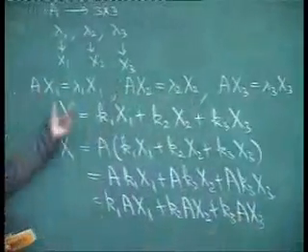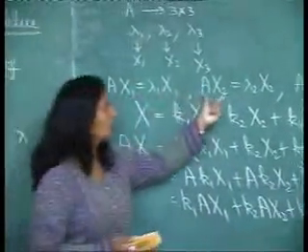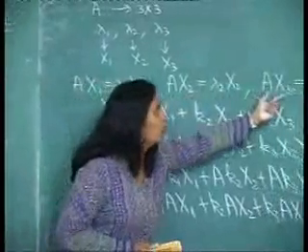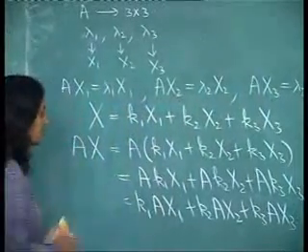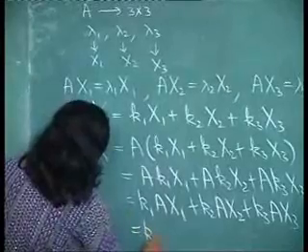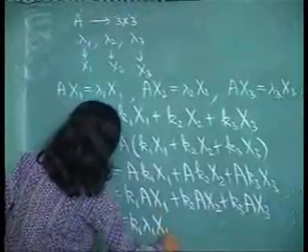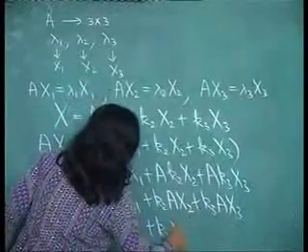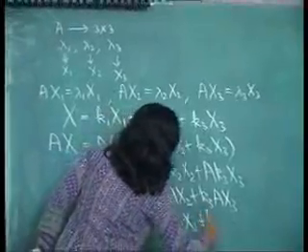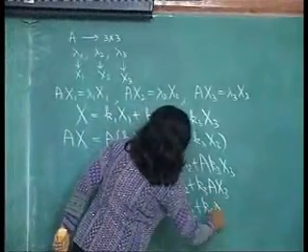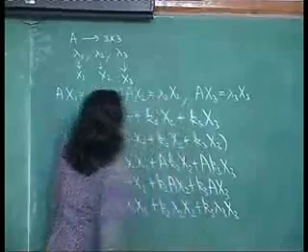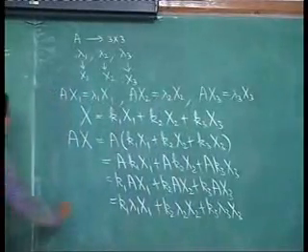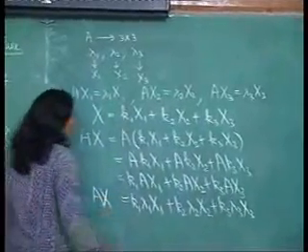But then I know what Ax1, Ax2, and Ax3 are. So let me substitute. I'll get k1 times lambda 1 x1 plus k2 times lambda 2 x2 plus k3 times lambda 3 x3. So this is Ax.